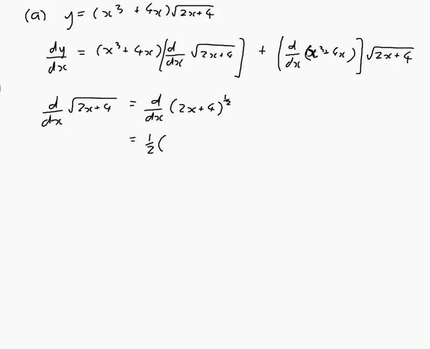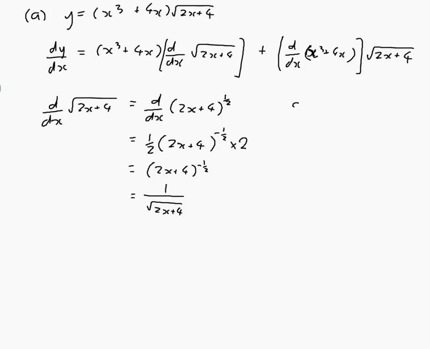So half of that thing to the minus a half, and because of the chain rule I'll have to multiply that by the derivative of what's inside there, so times 2. So that comes out to 2x plus 4 to the minus a half, which is really 1 over the square root of 2x plus 4.